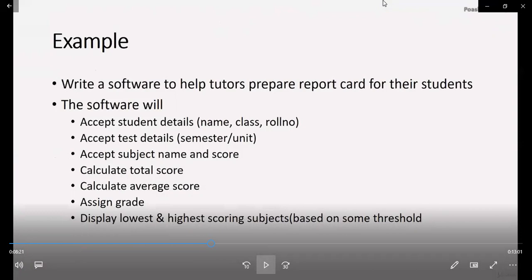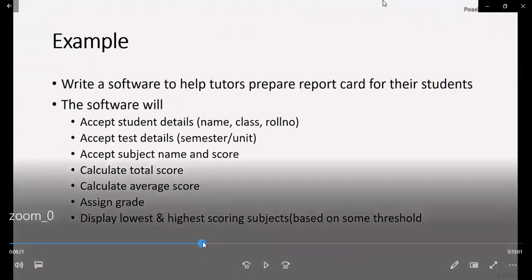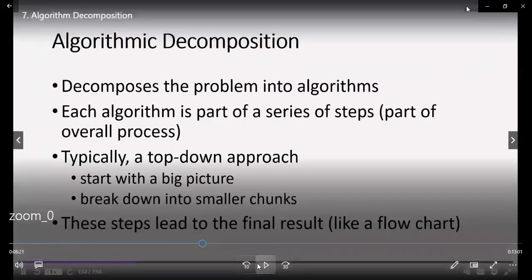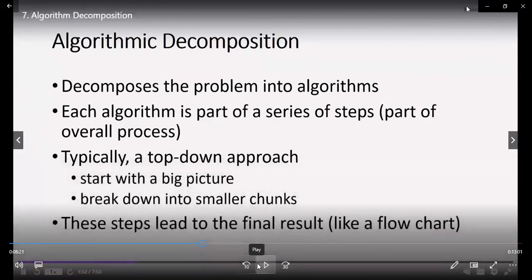So what happens in algorithmic decomposition? We have to consider this in this slide. In algorithmic decomposition, the problem is decomposed into algorithms, and each algorithm is a series of steps, and those steps are part of some overall process. This is similar to the top-down approach, in which we start with a big picture and then break it down into smaller chunks.